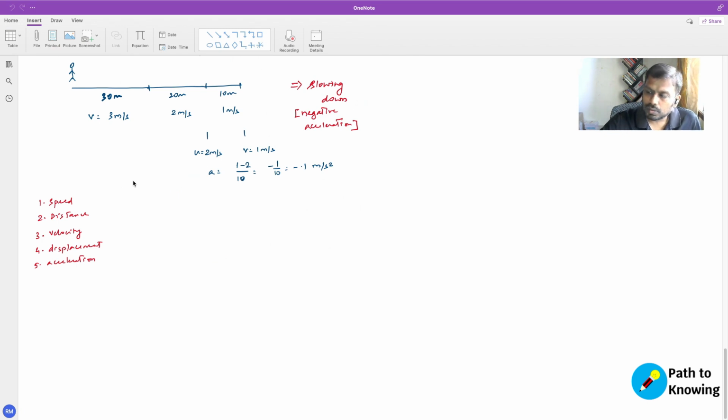So we'll have two things. We'll try to graphically show them in two kinds of graphs. We will start with what we call a distance time graph, and then we'll go to the velocity time graph.